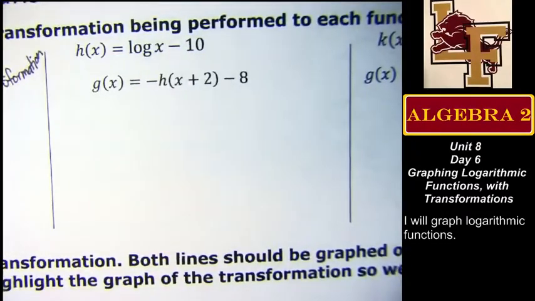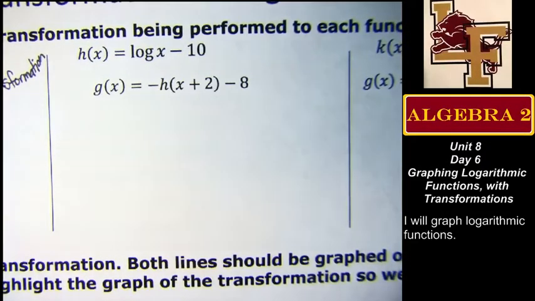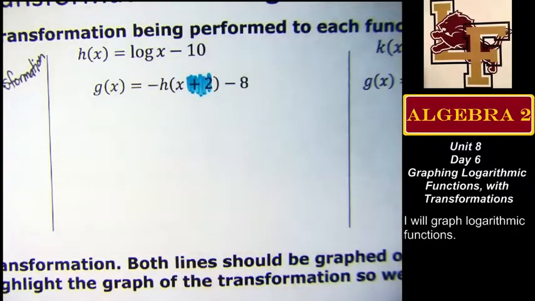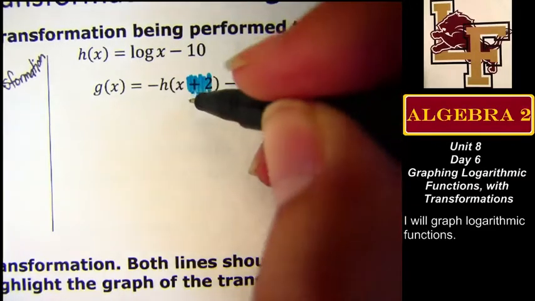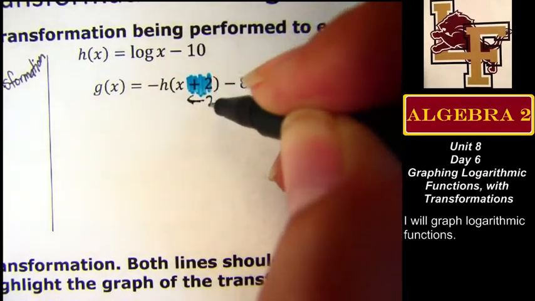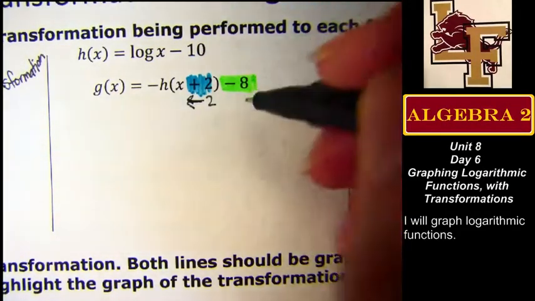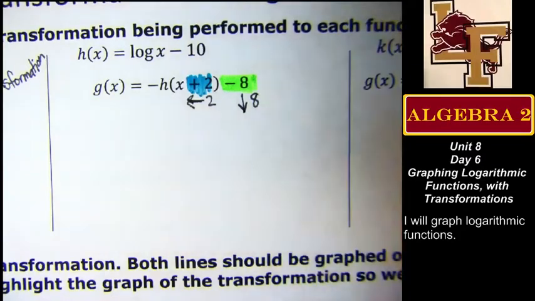Let's scoot over to this one real quick. Same idea, I've got some sort of horizontal translation here next to the x. We're adding 2, which makes us go to the left 2 units. Out here, outside of the parentheses, I have a -8, so I'm going down 2 units.